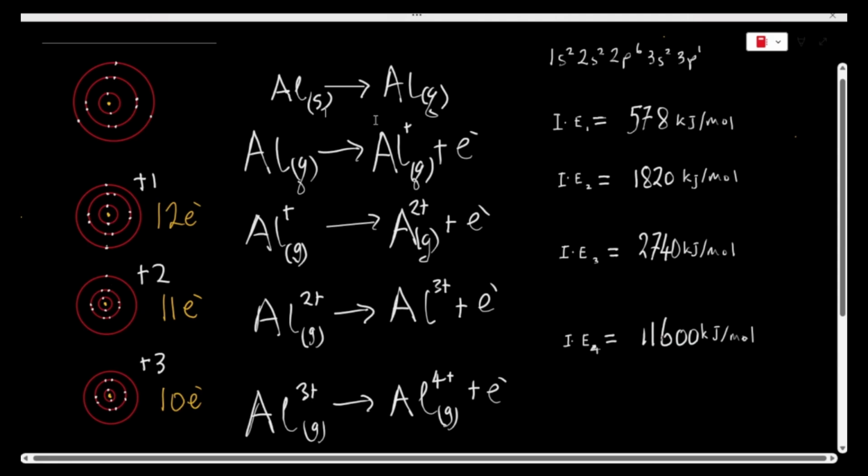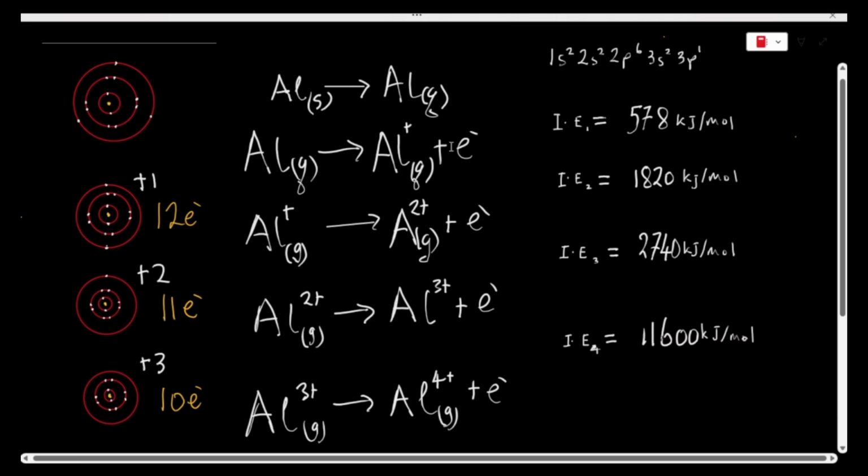In the gaseous form, it allows for isolation of the atom and minimizes intermolecular interactions that would interfere with or distort the measurement. So when you're asked to write the chemical equation representing the ionization energy of elements, make sure they are in a gaseous state so that you have your full marks.